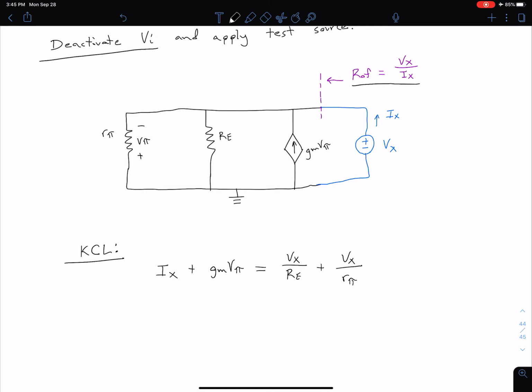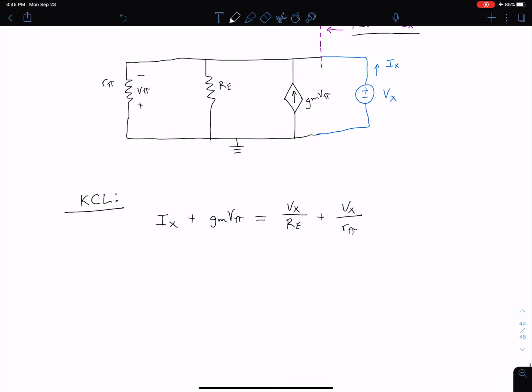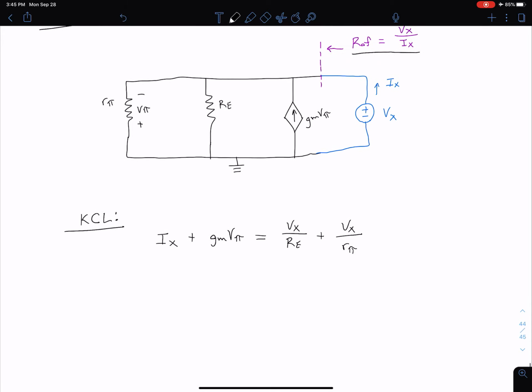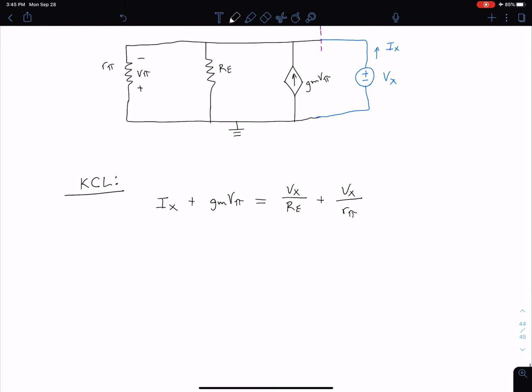Well, we can rearrange this. We ultimately want to get Vx and Ix, so let's start by getting our Ix just on this side, and that's equal to Vx divided by Re plus Vx divided by R pi minus our gm V pi.